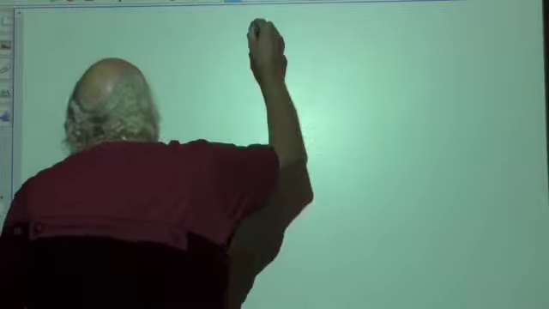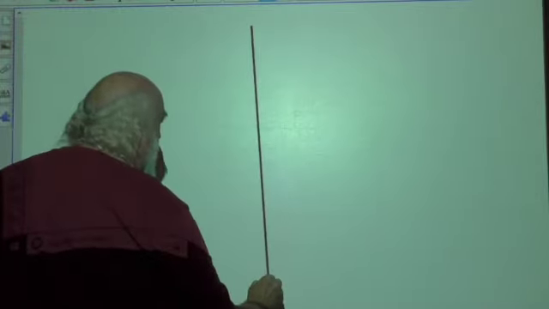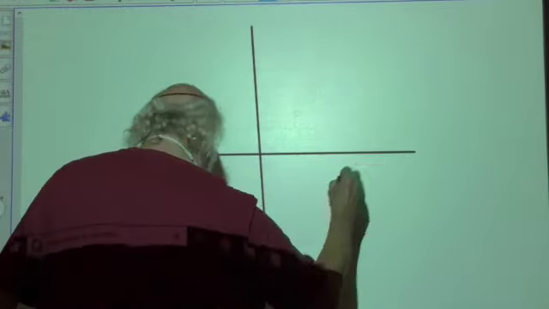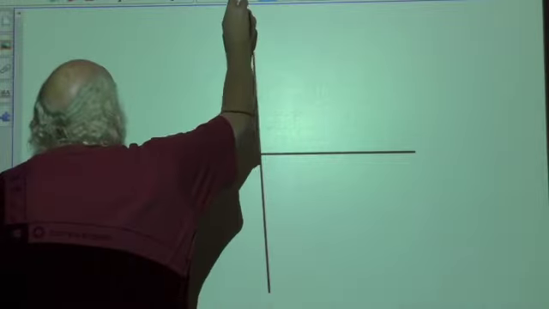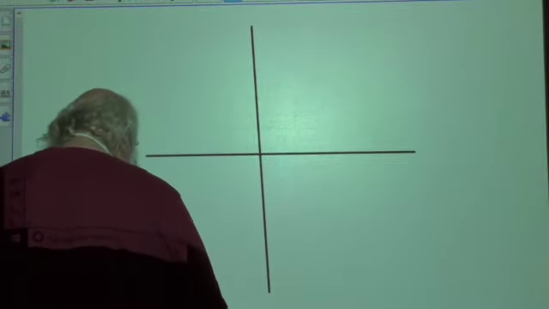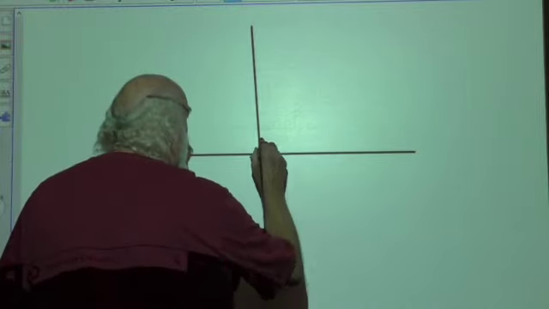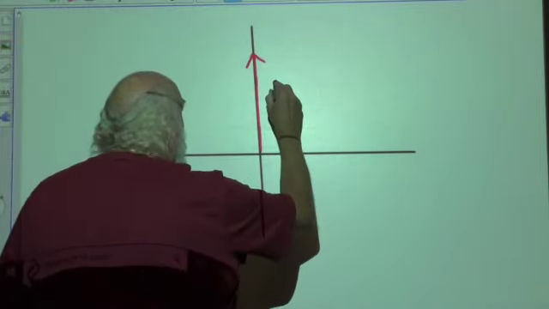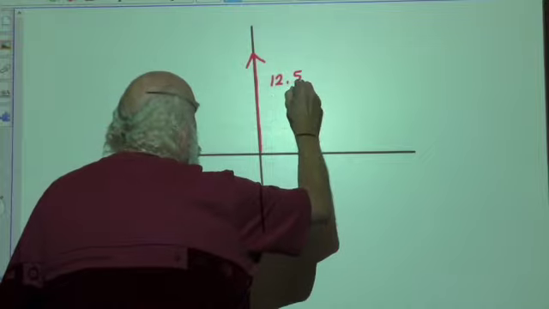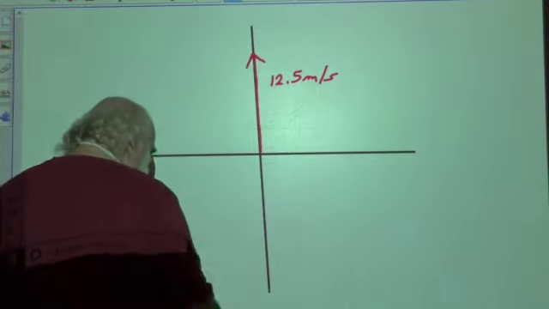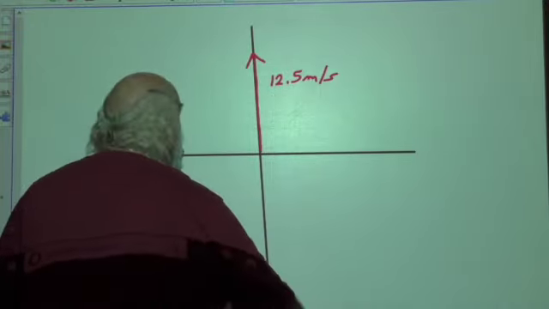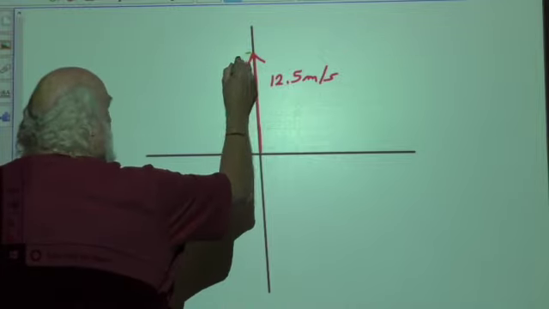So let's go ahead and draw north-south and east-west directions here. We're told that the bird is flying north at 12.5 meters per second, and then we have the wind blowing west at 5 meters per second.